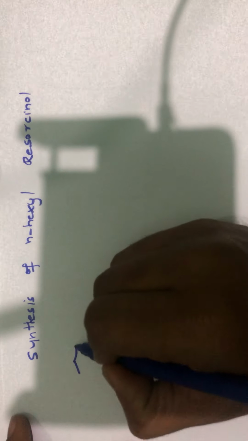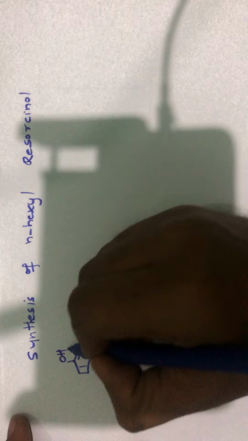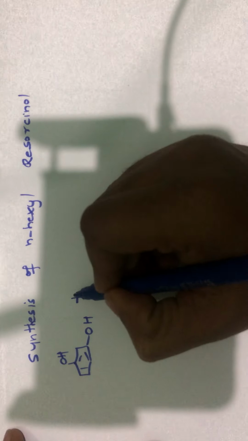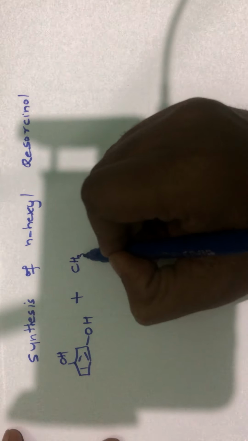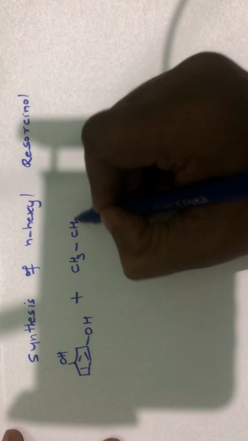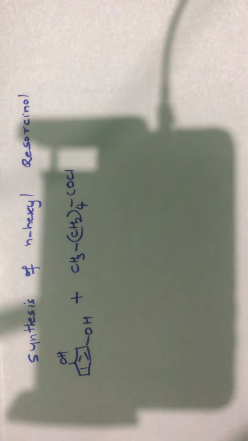So this is resorcinol. Resorcinol is a dihydric alcohol where the OH group is present at a meta position with respect to another OH group. When it is treated with N-hexanoyl chloride, CH3, CH2 4 times, COCl.